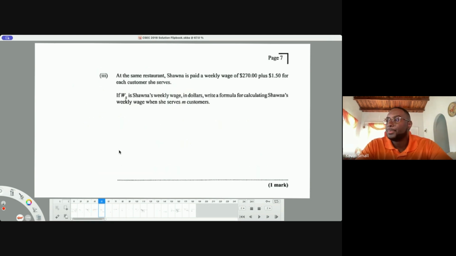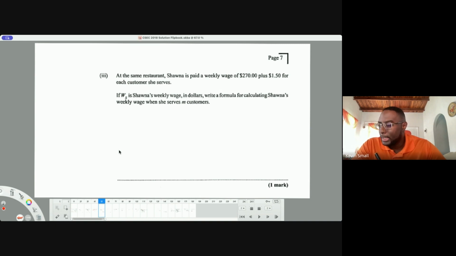All right, so at the same restaurant, Shauna is paid a weekly wage of $270 plus $1.50 for each customer she serves. So we have a new person and she is paid $270 plus $1.50.